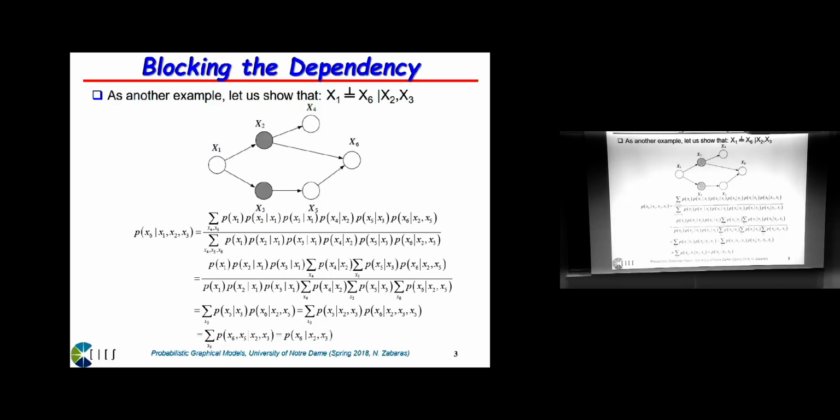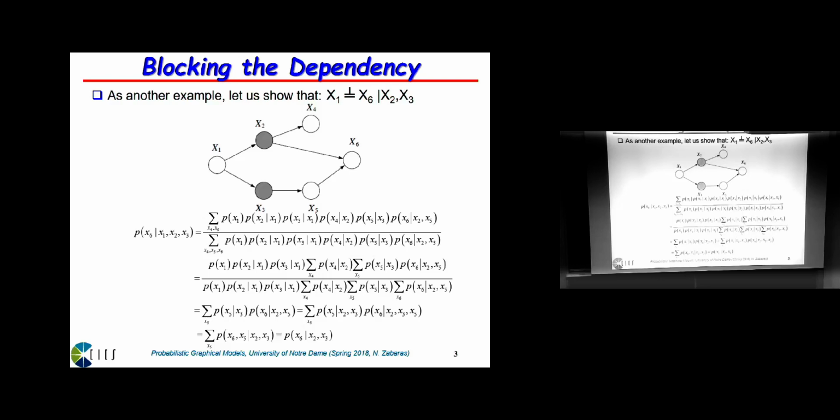Obviously these proofs are the long way, but this is where we are at in the course at this point. So I wrote this as the joint in the numerator, the joint probability of x1, x2, x3, and x6, which means this is the total joint probability factorized on the graph, and then obviously I have to integrate out x4 and x5.